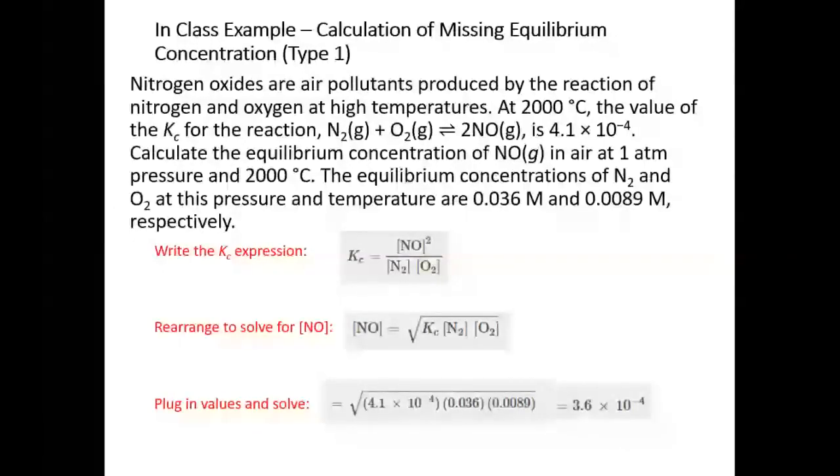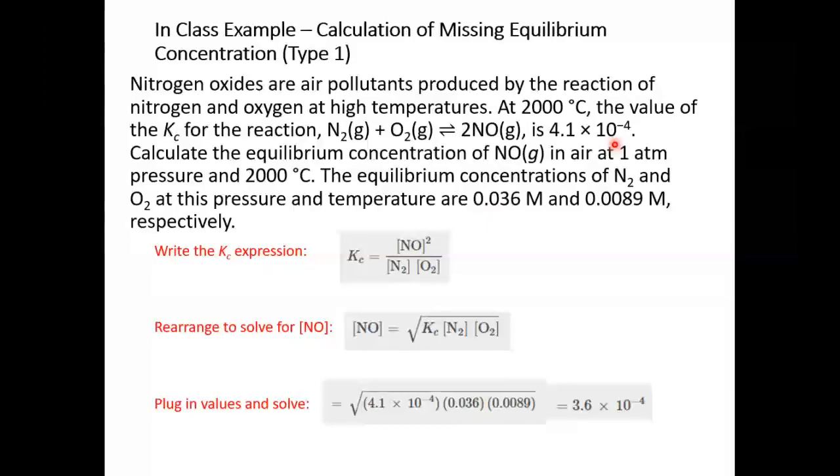What's given to us here on number 15? We're given a pressure, a temperature. The very second sentence, it says, at 2,000, the value of K is, okay, that's something I was given, right?